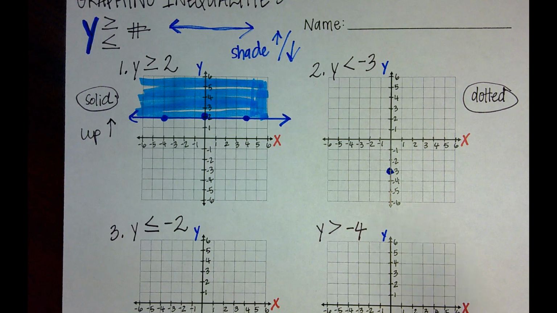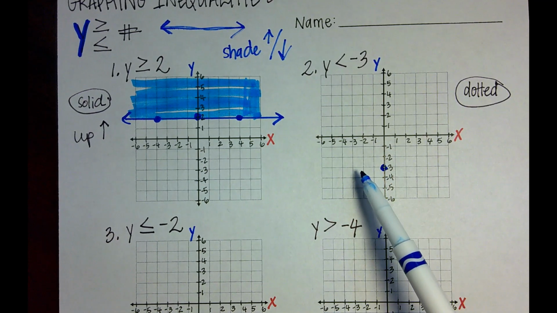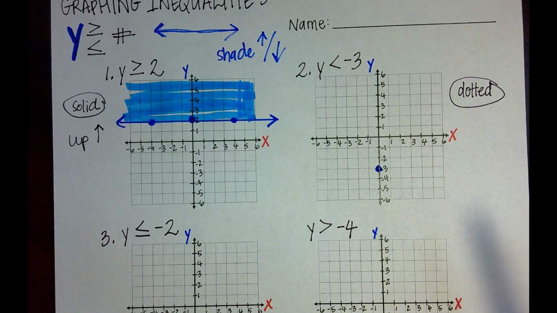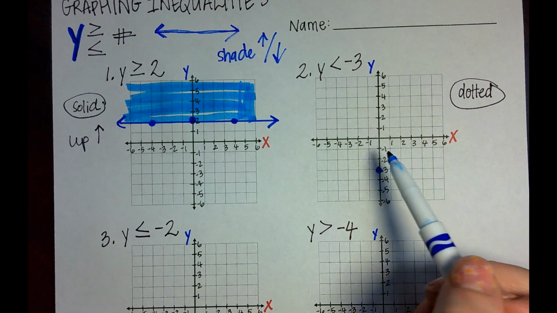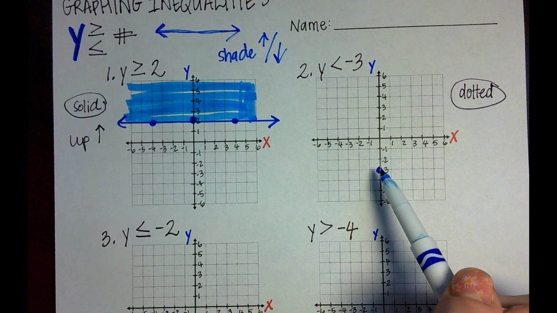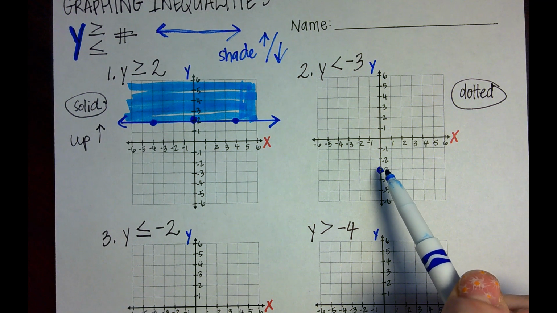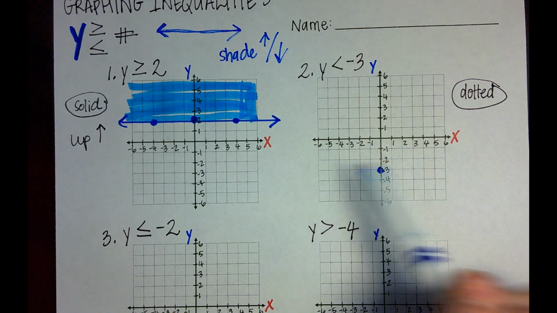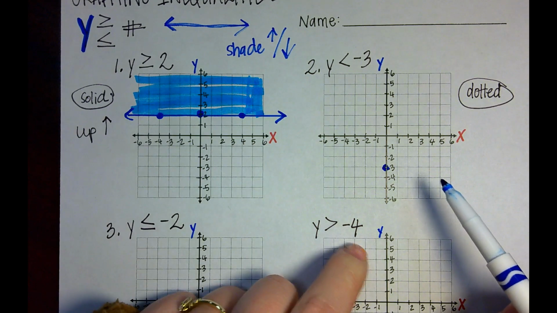And where could I go to help me figure out what this line is going to look like? If I know y is less than negative 3, pick any number, straight across, yes. You're both right.